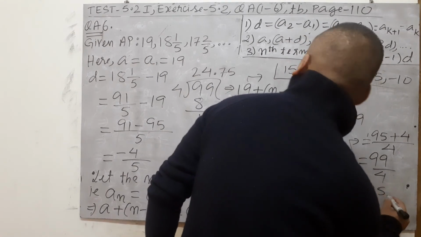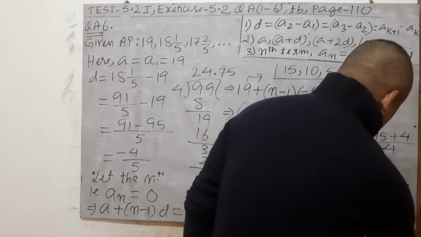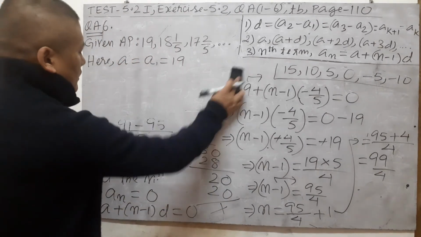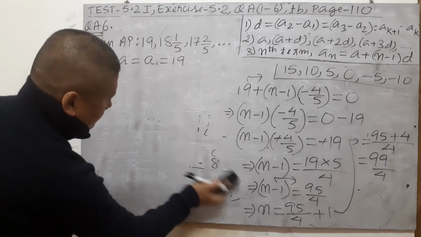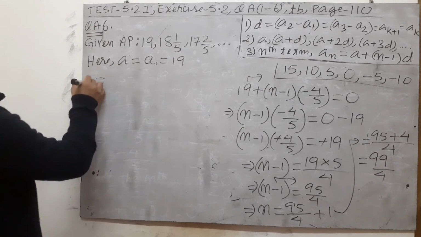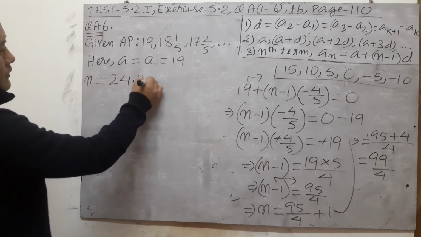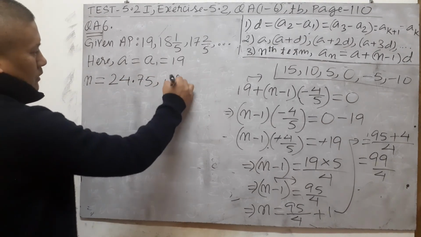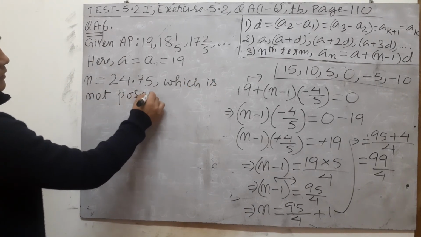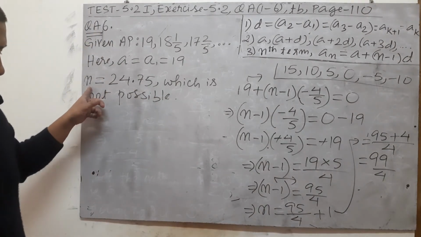So 24.75. So n value is equal to 24.75 as we did the division here, which is not possible because the term n is the position of the term of 0.